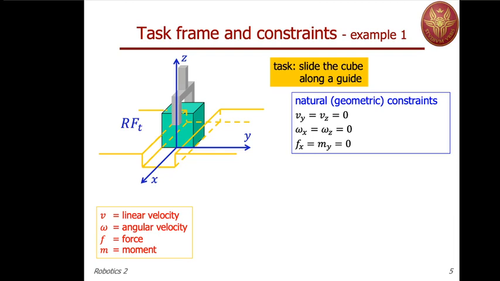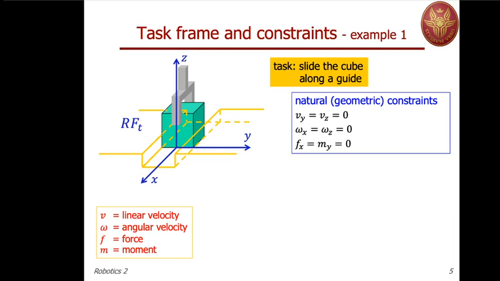So the x direction is in fact free for motion of the cube. If we try to impose a force by control in that direction, the cube will simply accelerate because the environment cannot balance any desired force there. So we would make a mistake if we try to control force along the x direction.